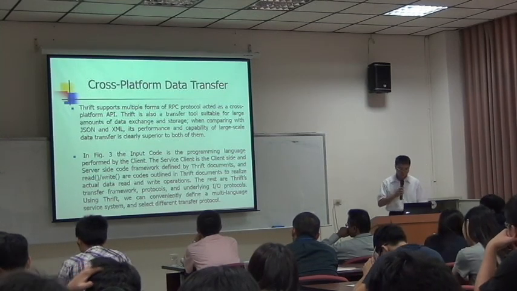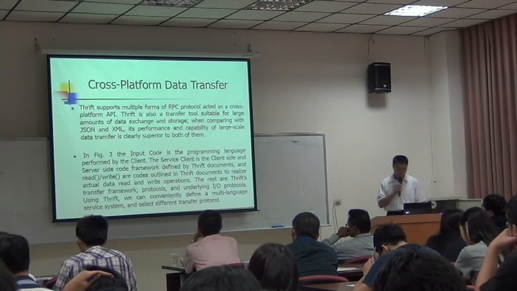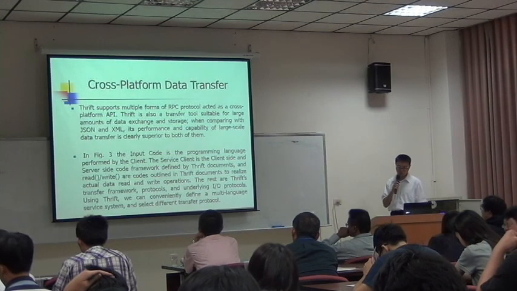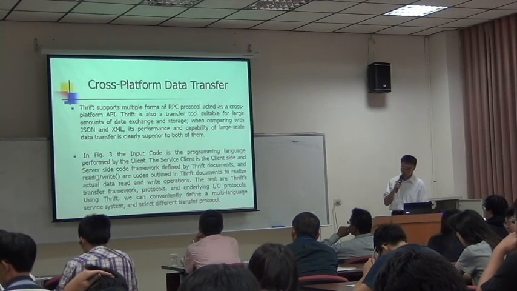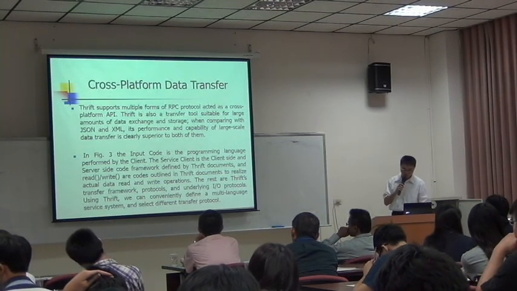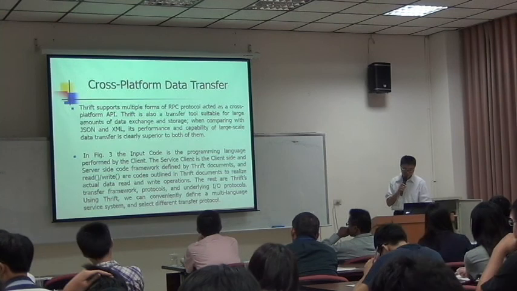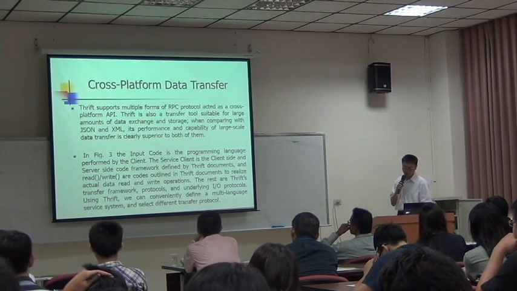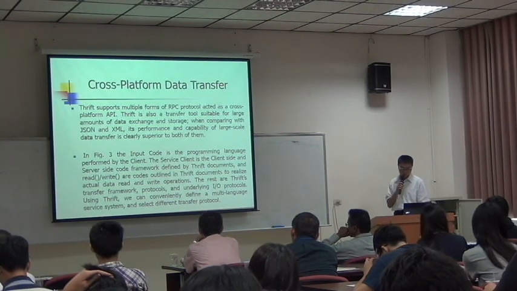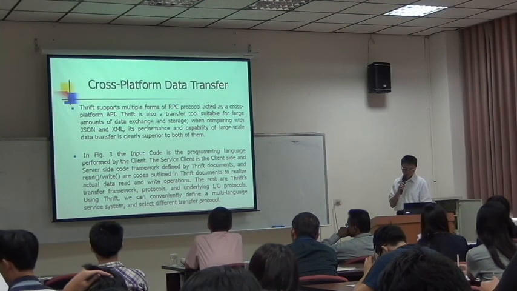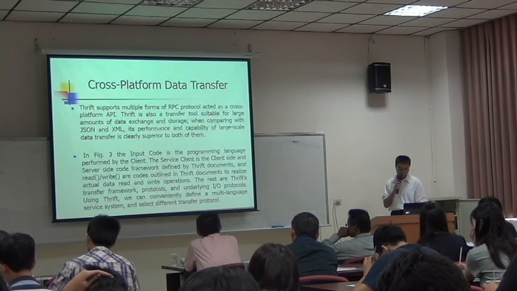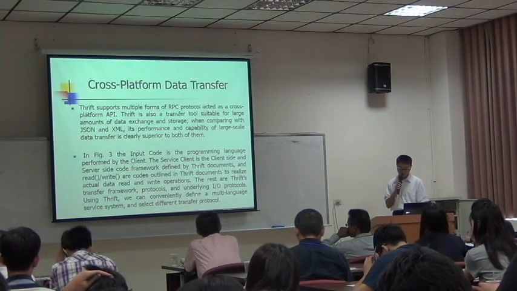In Figure 3, the input code is the programming language performed by the client. The Thrift client is the client-side and server-side code framework defined by documents, and the read-write code outlined in the generated documents realizes actual data read and write operations.